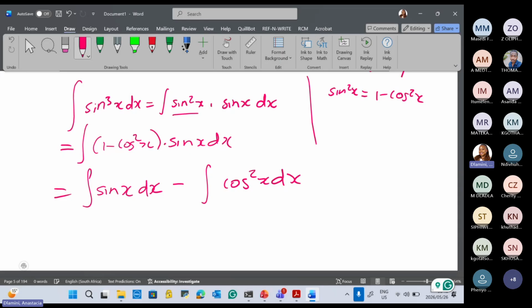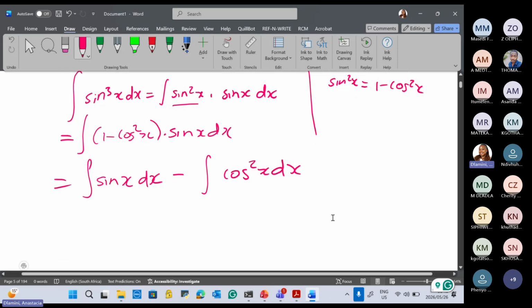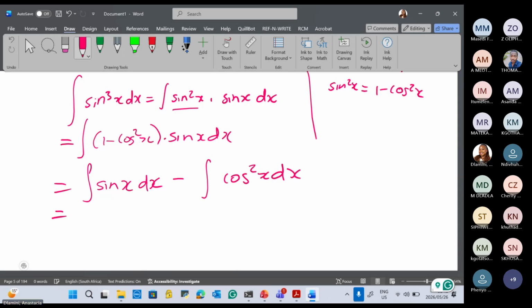Can you integrate the first one? Yes, ma'am. Can you integrate the second one? What's the first one? It's minus cos x. Do you understand why it's minus cos x, guys? Yes.